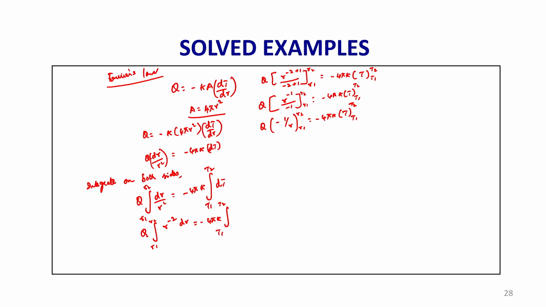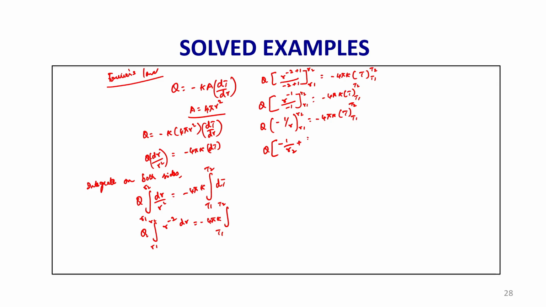Now, let us apply the limits on both sides. So, q into minus 1 by r2 when we apply the upper limit, upper limit minus lower limit. We have already one minus sign, so minus of minus will become plus.